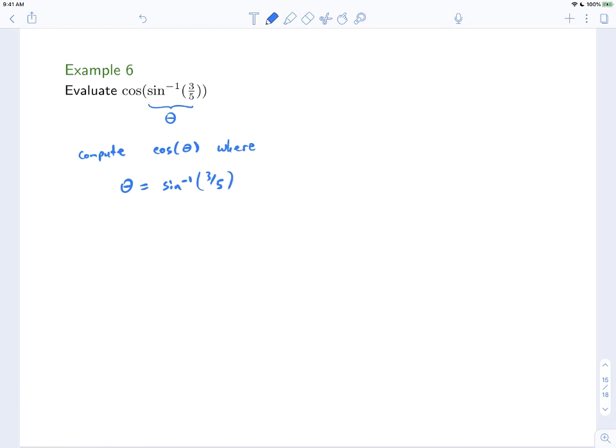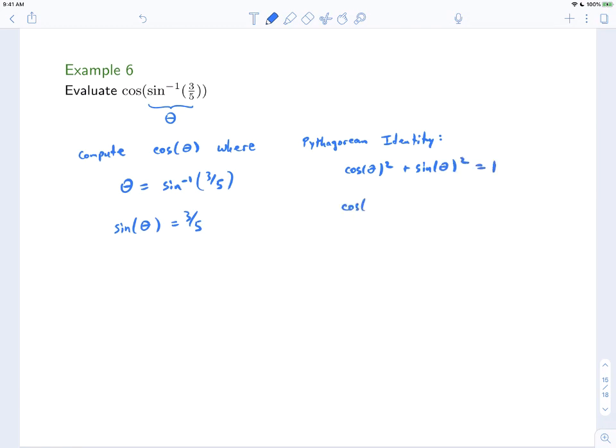What does this mean? This means that sine of theta is equal to 3 over 5. We want to compute cosine of theta, and we now know sine of theta, so we can do that using the Pythagorean identity. The Pythagorean identity tells us that cosine of theta squared plus sine of theta squared is equal to 1.